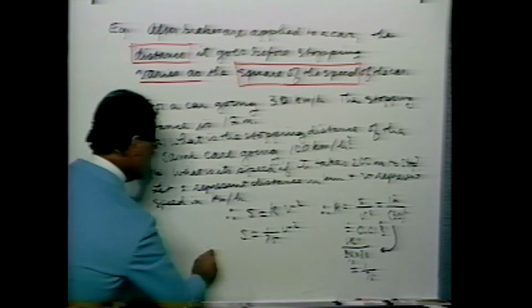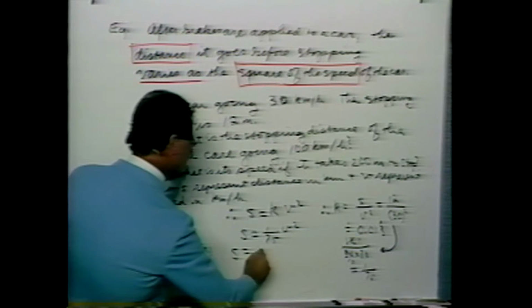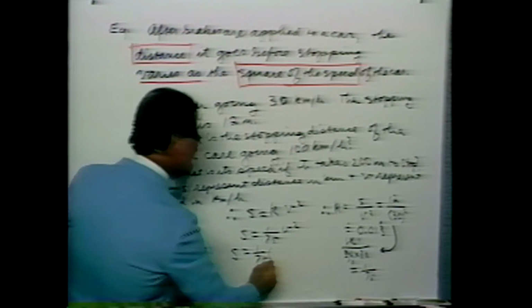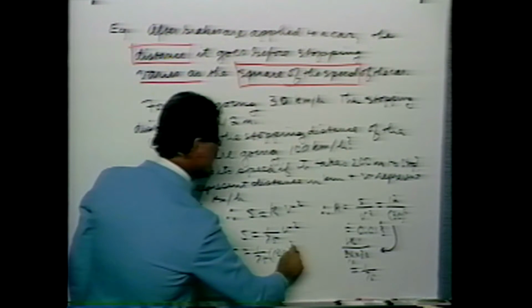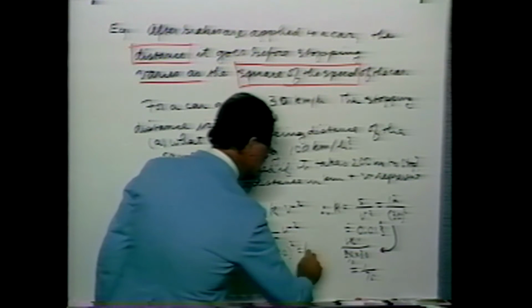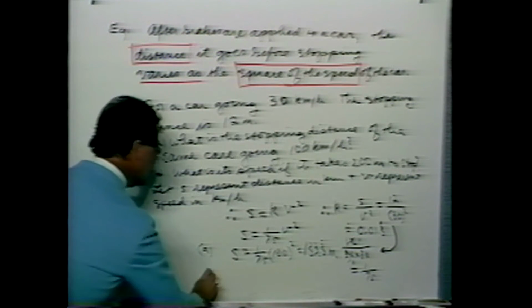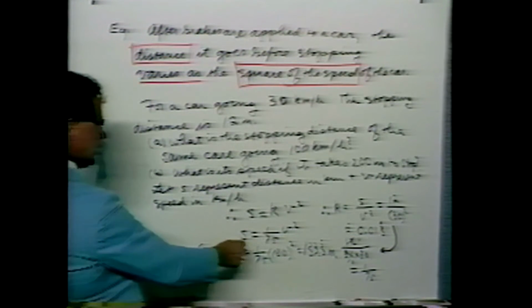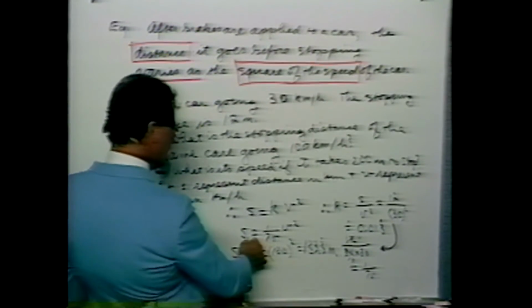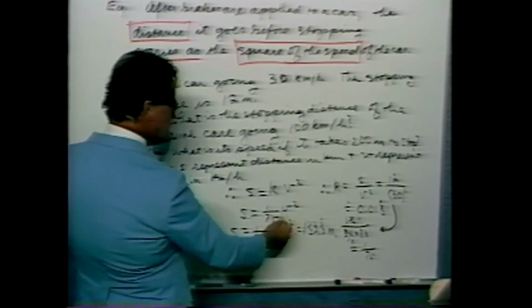So for part A, S is equal to 1 over 75 multiplied by 100 squared. That amounts to 133.3 repeated.